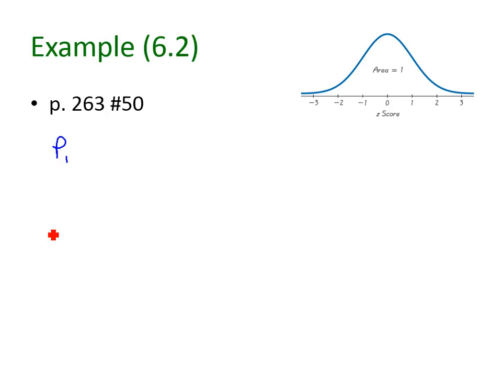If I want the first percentile, it's the same as saying z of alpha, 0.01. They're both telling me my area to the right. So if I'm wanting to find what separates the top 1% from the bottom 99%, I'm wanting to have my area to the right being 1%.